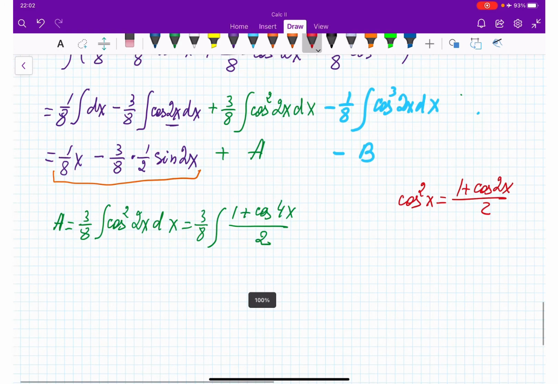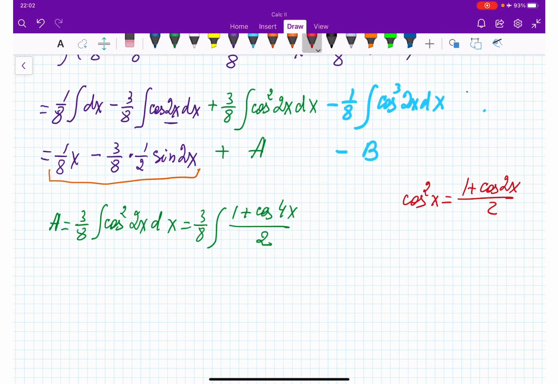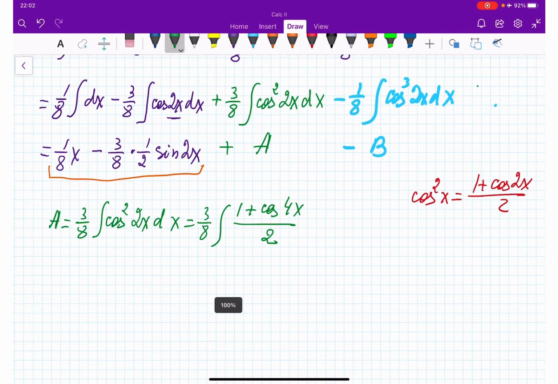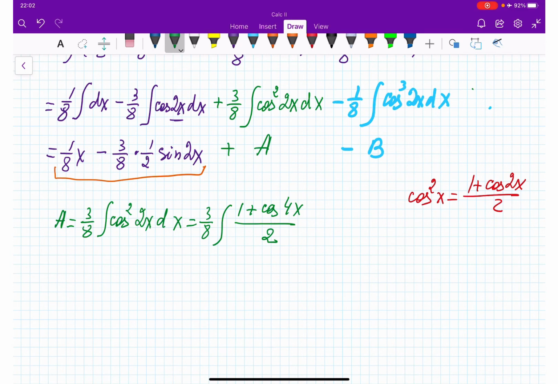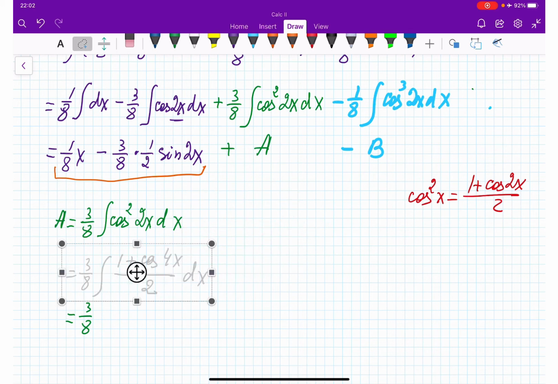And what we are getting here, let's work on this piece. So we are getting 3 over 8, okay, here is dx. You know what, let me move this piece down so it won't cause any confusion. This will be much better. There we go.